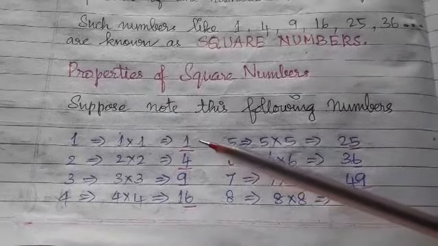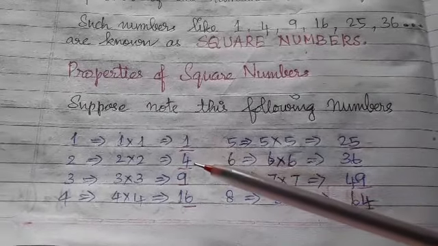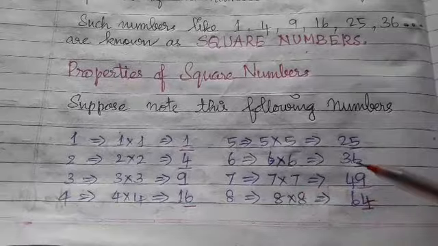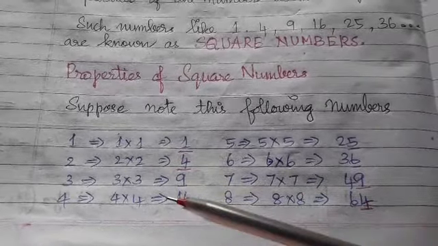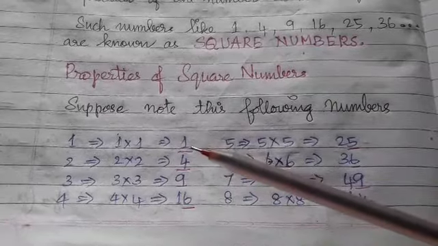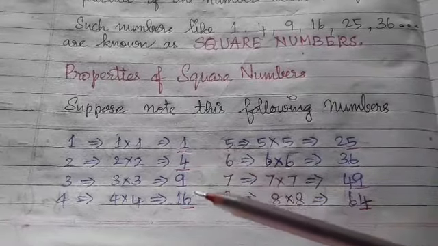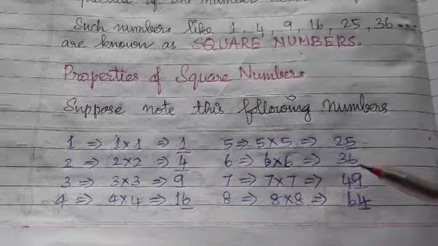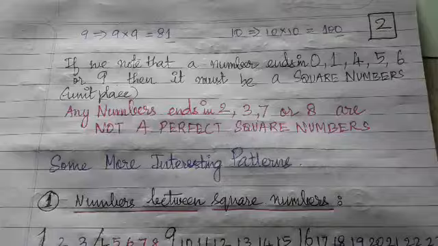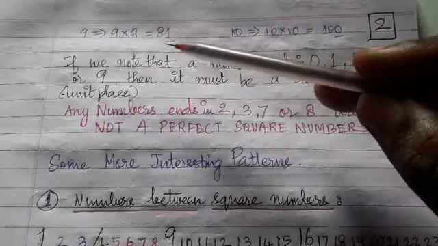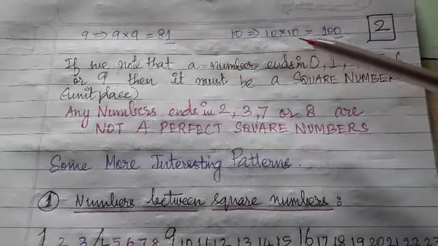In that you see the unit digits 1, 4, 9, 6, 5, 6, 9, 4. That means a perfect square number will contain the unit digit as 1, 4, 9, 6, 5, 6, 9, 4 and also 0. Okay. 9 into 9 is 81, 10 into 10 is 100.